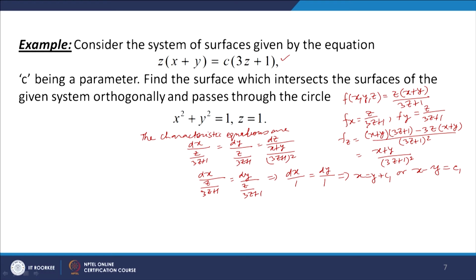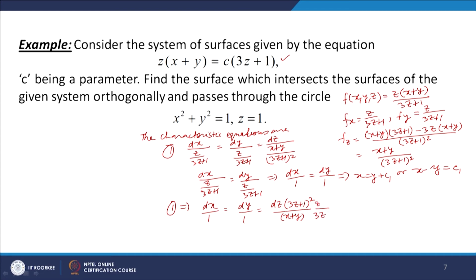Now, from the characteristic equations, we have dx over 1 equal to dy over 1 equal to dz times 3z plus 1 whole square over x plus y, and I am multiplying by z over 3z plus 1.